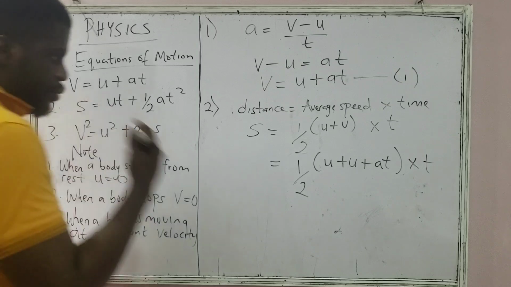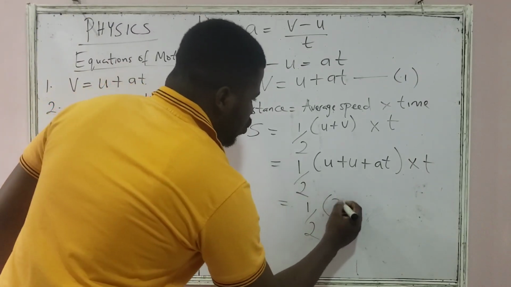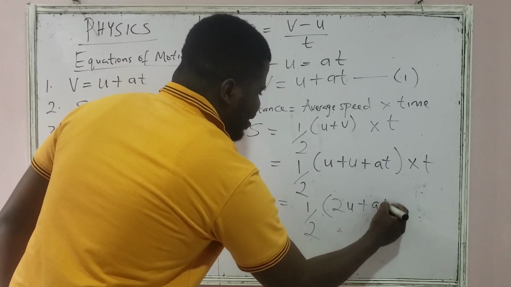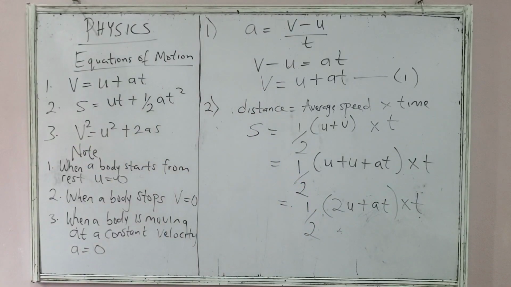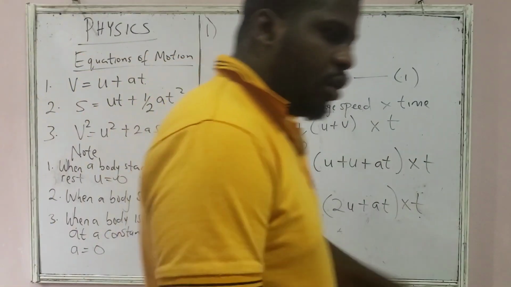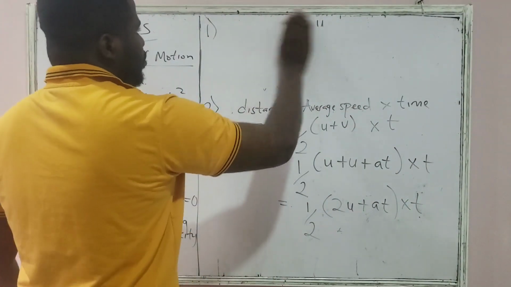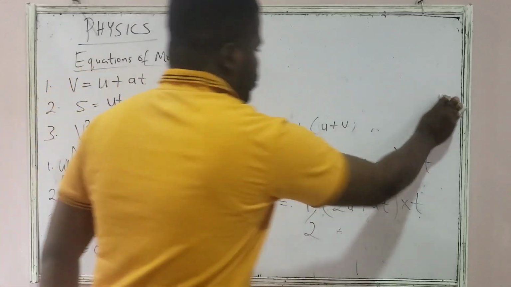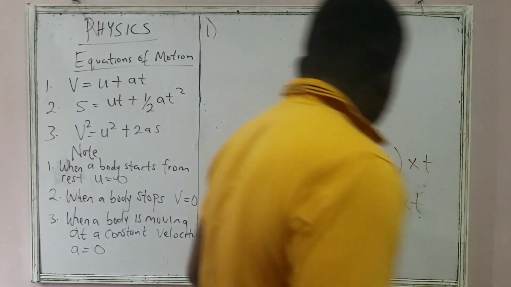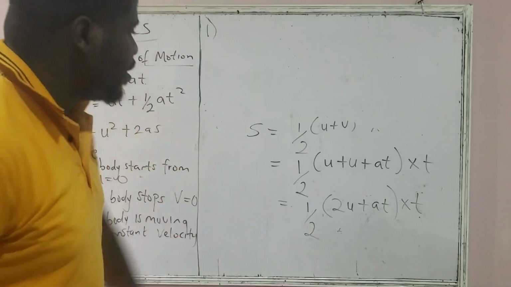So we now have (2U + AT) times time. I hope you understand, we are just slotting in the symbols here.